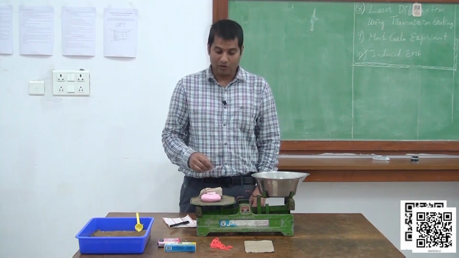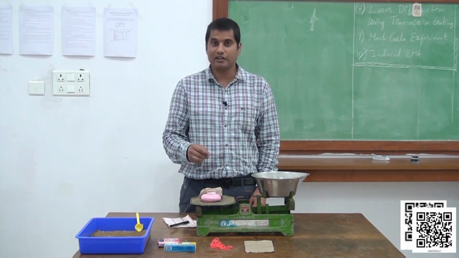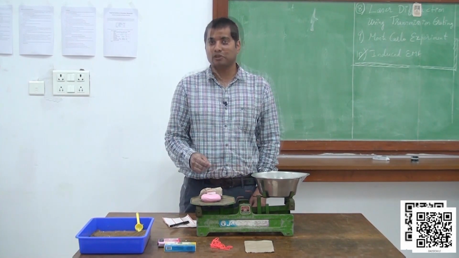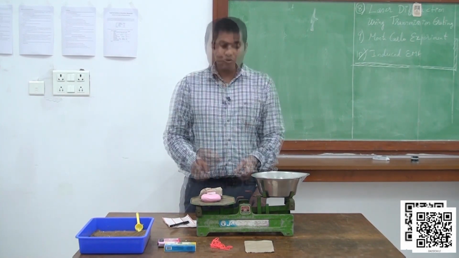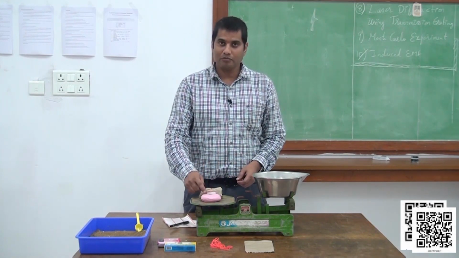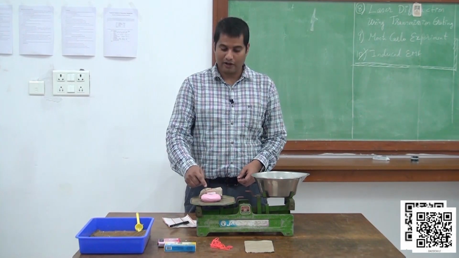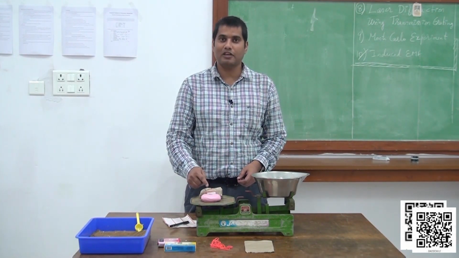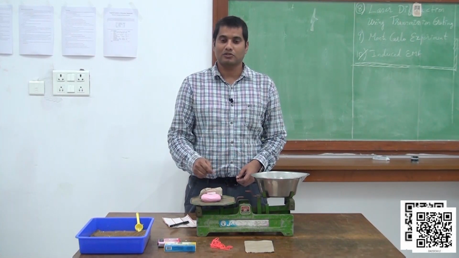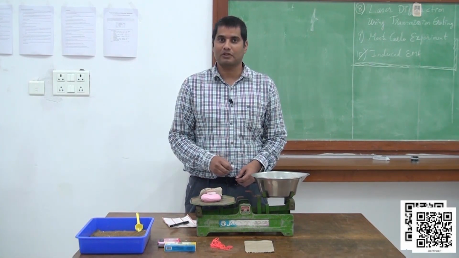Now there is 100 gram of soap and 100 gram of weight that we have measured using sand. Now the total weight on this pan is 100 gram soap plus 100 gram sand. So 100 gram plus 100 gram is 200 gram. So the total weight of this pan is now 200 gram.